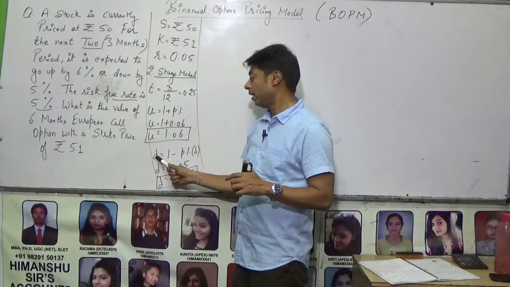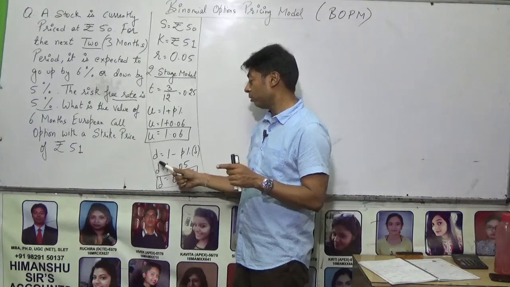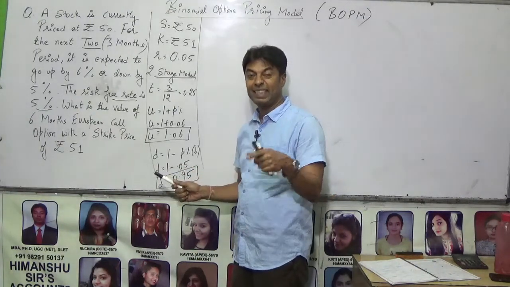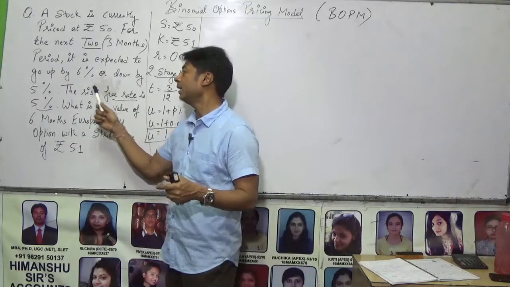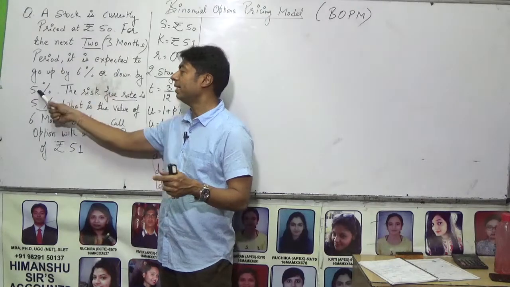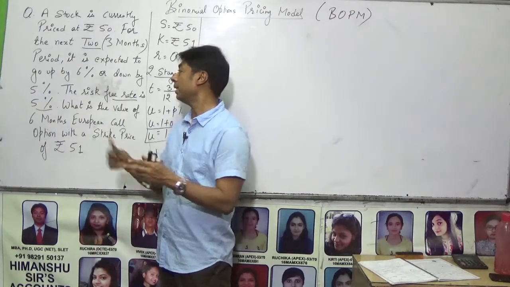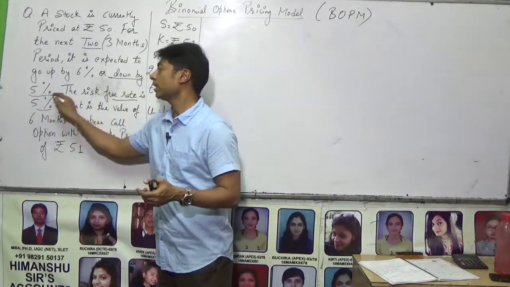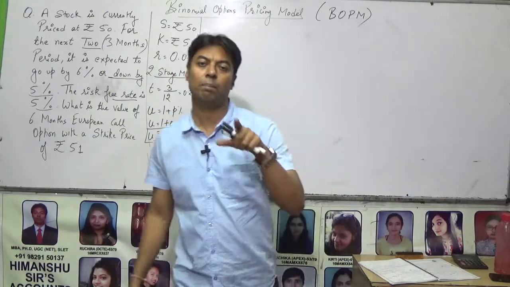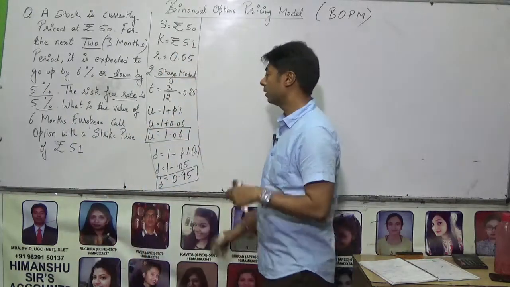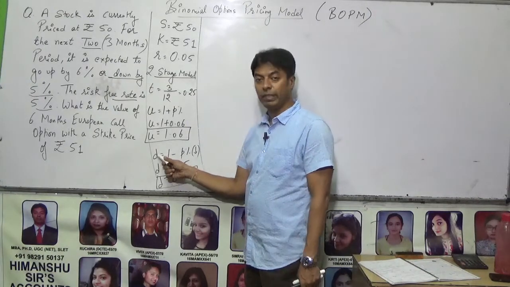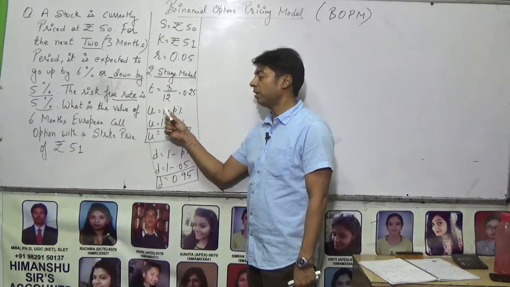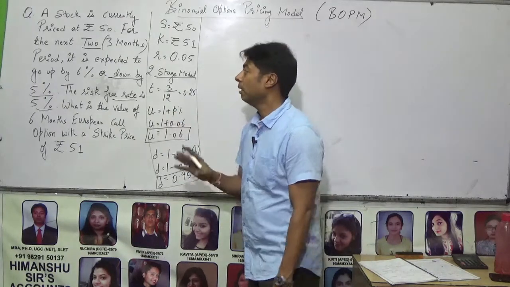To calculate the downswing constant, we subtract the percentage decrease in the stock value, which is given as 5%. Remember, the stock is expected to go down by 5%, so the percentage decrease is 0.05. So 1 minus P gives you D, the downswing constant, and 1 plus P gives you the upswing constant. Right?